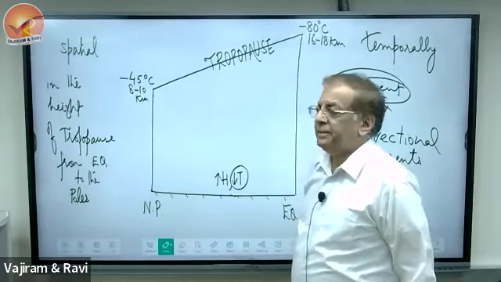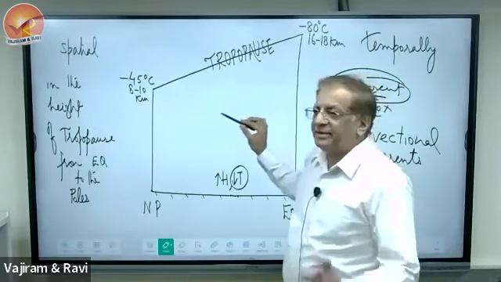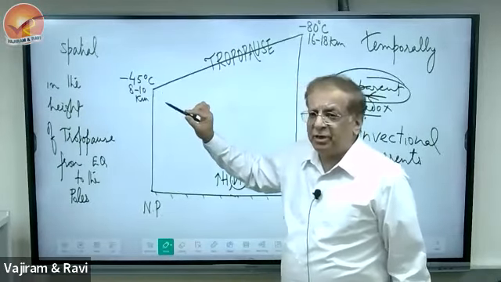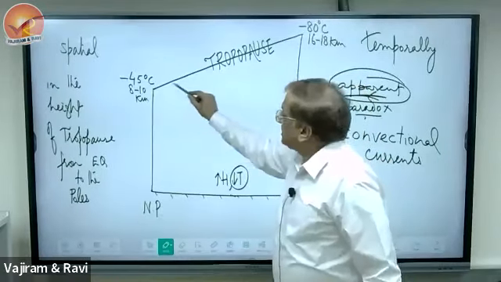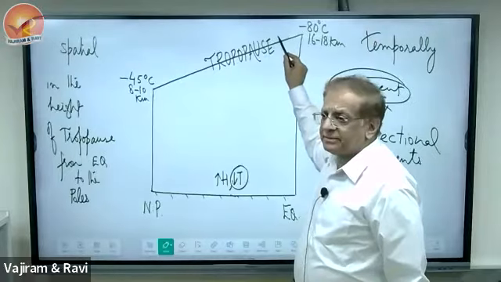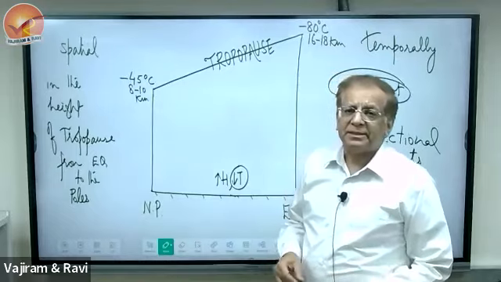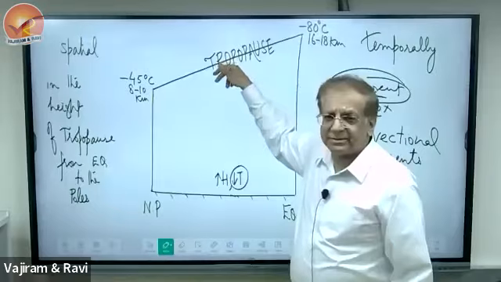Now see, before I go further, let's have one common sense observation. In your books and on my board, tropopause is represented by a line, but you must be mature enough to understand that in nature we'll never have abrupt divisions like this.